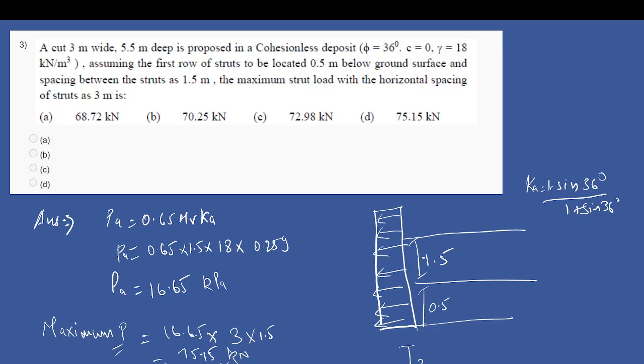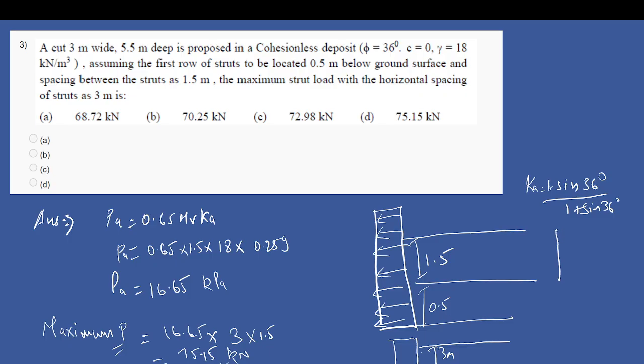And at the same time in the horizontal also. This is your elevation view, and if I see from the side, and from the top portion, these struts will look something like this. So 1.5 meter, and here you will have the 3 meter.